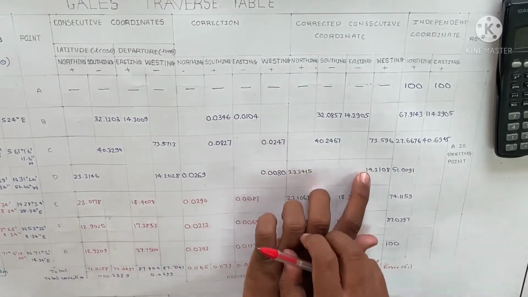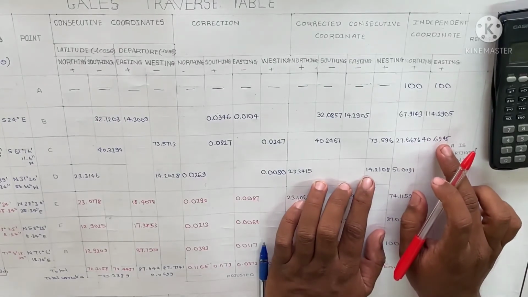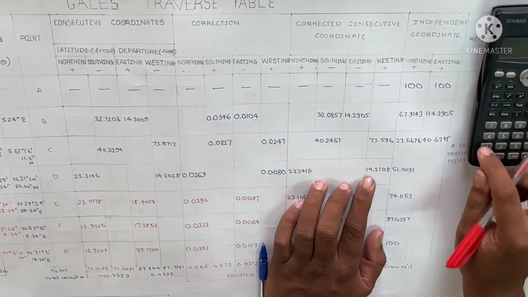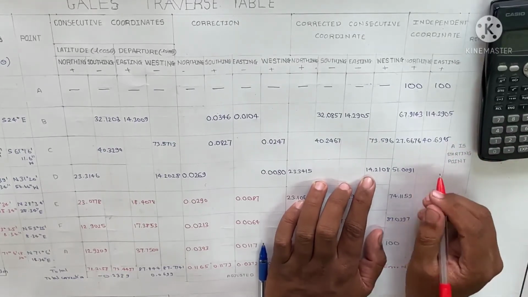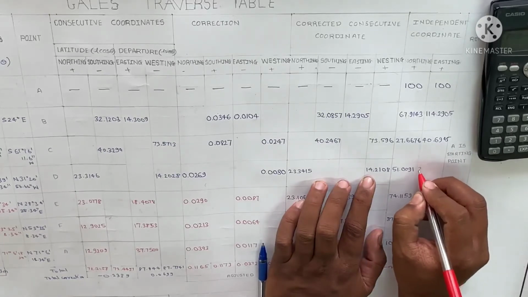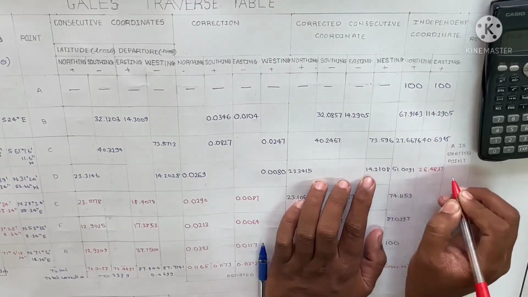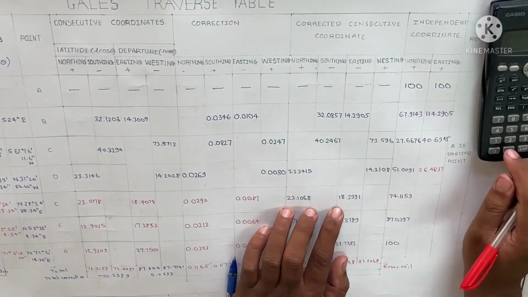Again it is westing, so from 40.6945 we deduct 14.2108, which comes out to be 26.4837.